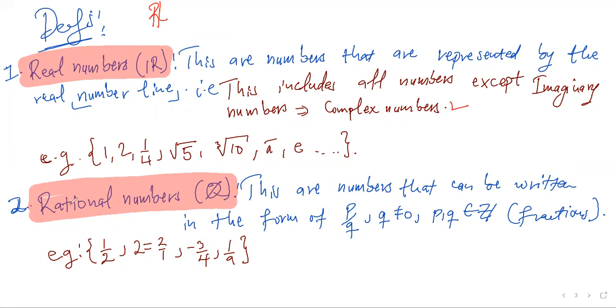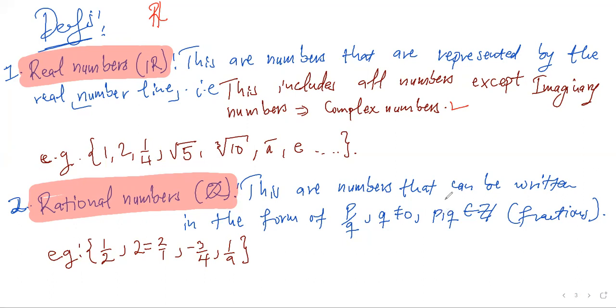So yeah, number 2 is rational numbers. Rational numbers are numbers which can be written in the form of p/q. This is where the denominator q is not 0, and p and q are both integers. So these are simply fractions that we are used to from junior school or primary school.